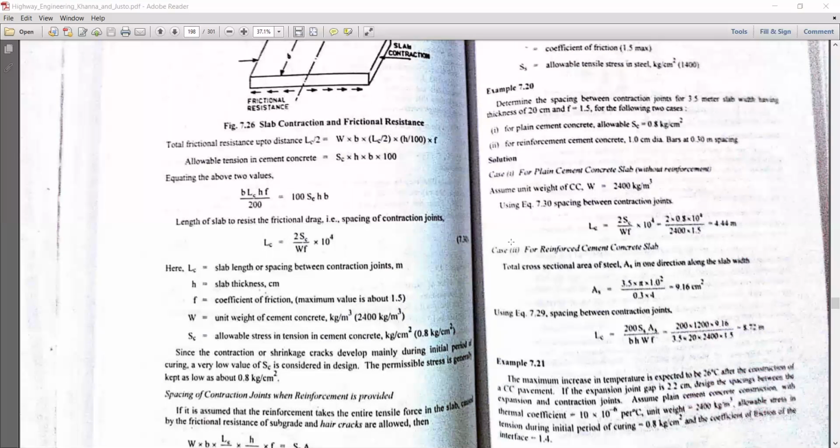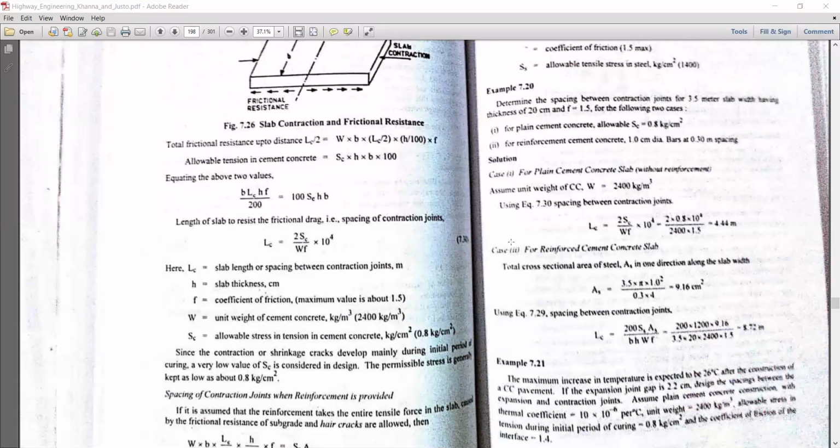Next, for reinforced cement concrete, the total cross-sectional area of steel AS is calculated by pi d square by 4 into 3.5 meter slab divided by the spacing of the bar provided.